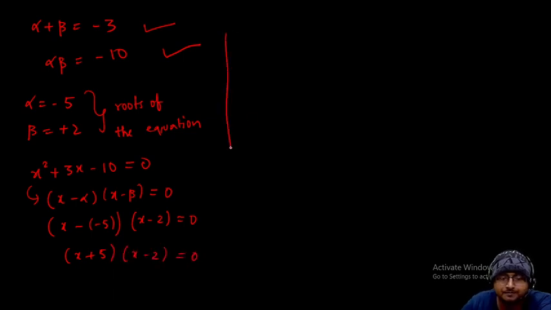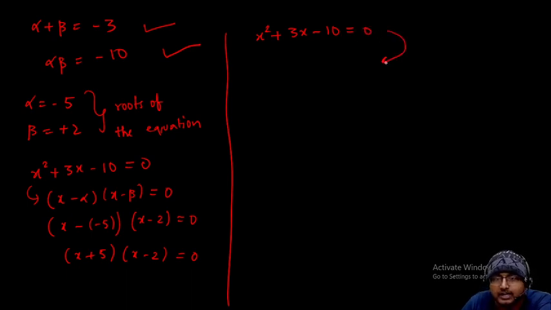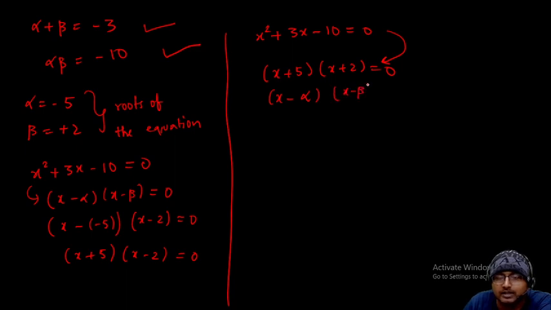That is, x square plus 3x minus 10 is equal to 0 can also be written as x plus 5 into x minus 2 is equal to 0, because it is in the form of x minus alpha into x minus beta is equal to 0, as alpha is equal to minus 5 and beta is equal to plus 2. These are the roots of the equation.